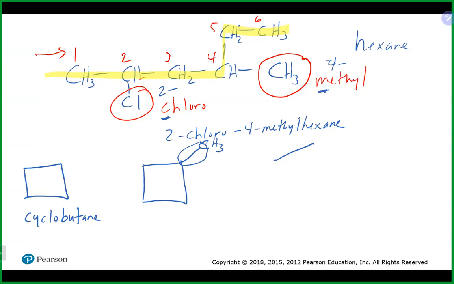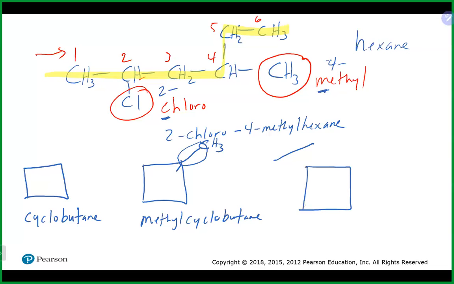If it needs something else there, they will write it. If not, it's a methyl group. So this is known as methylcyclobutane. No number is needed in this case because this is what is referred to as being monosubstituted. There's just one group on the ring, and wherever that group is, it's assumed to be carbon number 1. So because there's just one group, you do not have to give the number. So this would be just methylcyclobutane.